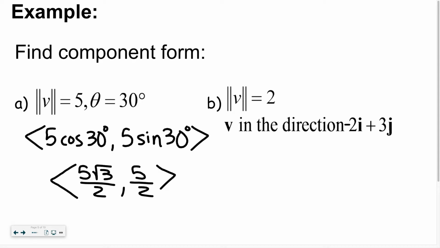How about that? 5 square root 3 over 2, 5 over 2? I like that.